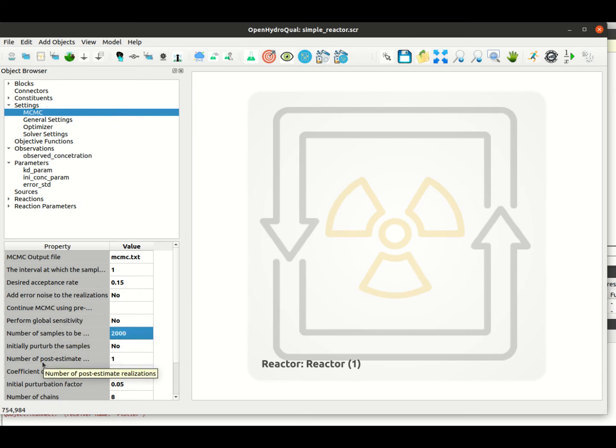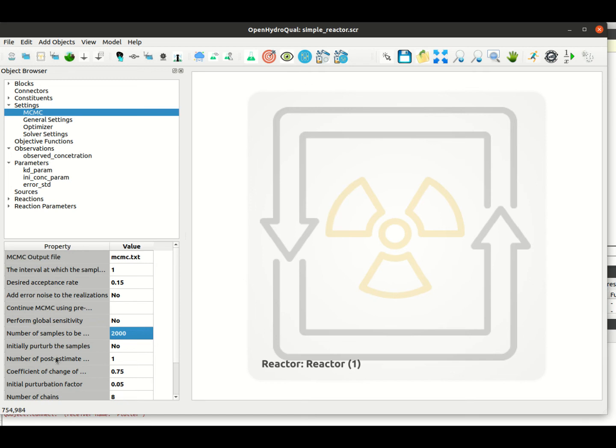Then I'm going to make another change. After the MCMC is done, the program will sample from the model parameters and do forward modeling. Essentially, we'll do a Monte Carlo simulation, and then we can estimate the prediction confidence interval, as you will see.